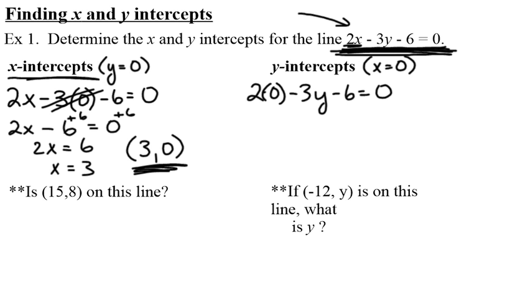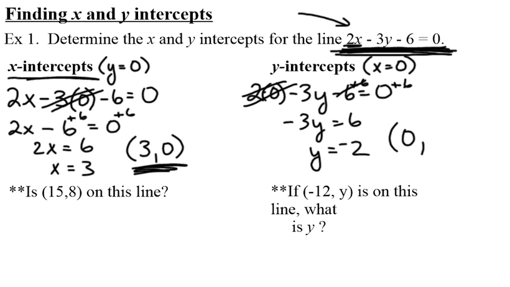So in general form, x and y intercepts will work the same. 2 times 0 is just nothing. So I want to add 6. So negative 3y equals 6. Divide by negative 3, y is equal to negative 2. So when x is 0, y is negative 2. There are the x and y intercepts given general form.